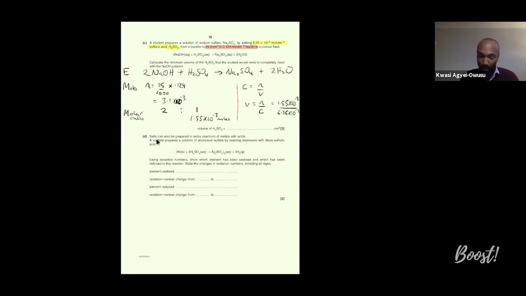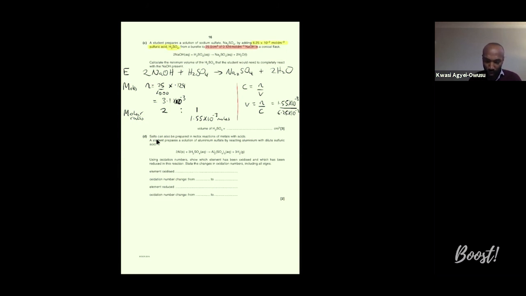So we divide 1.55 times 10 to the minus 3 by 6.25 times 10 to the minus 2. If we times 10 to the minus 2, there we go. And we should have an answer of 0.0248.